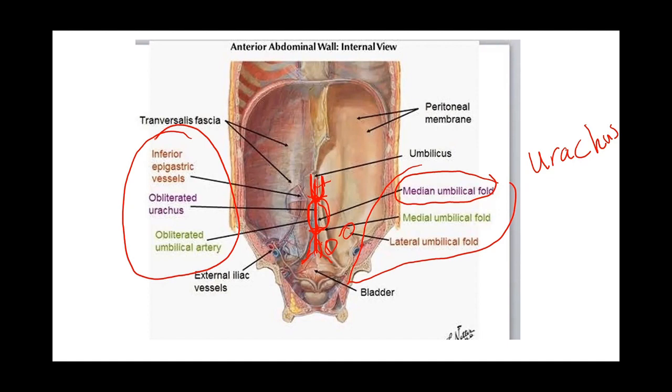The medial umbilical fold contains obliterated umbilical artery, and the lateral umbilical fold contains the inferior epigastric vessels.